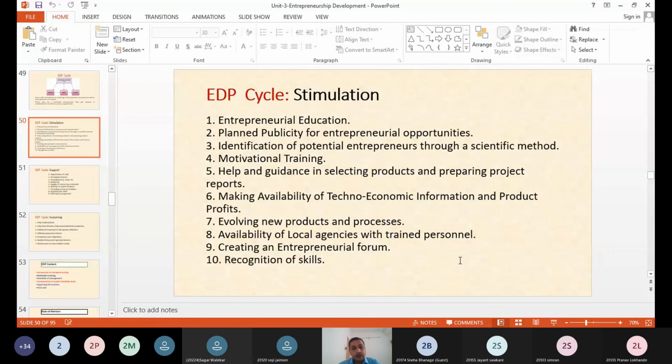They are helped to select products as well as prepare project reports. They are given all the information related to technology, economics, and different new products and processes. They are also made aware of local agencies with trained personnel. An entrepreneurial forum can be created for these people, and recognition of their skills can be done in this first phase, stimulation.